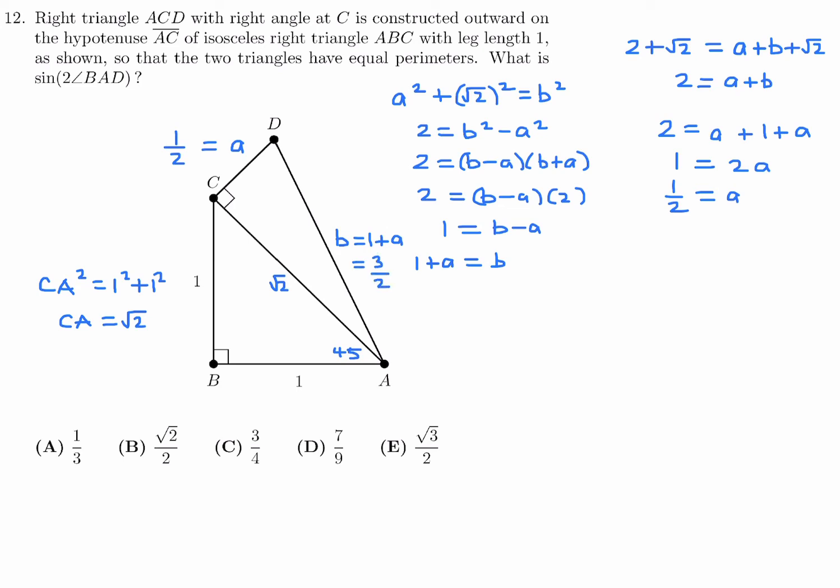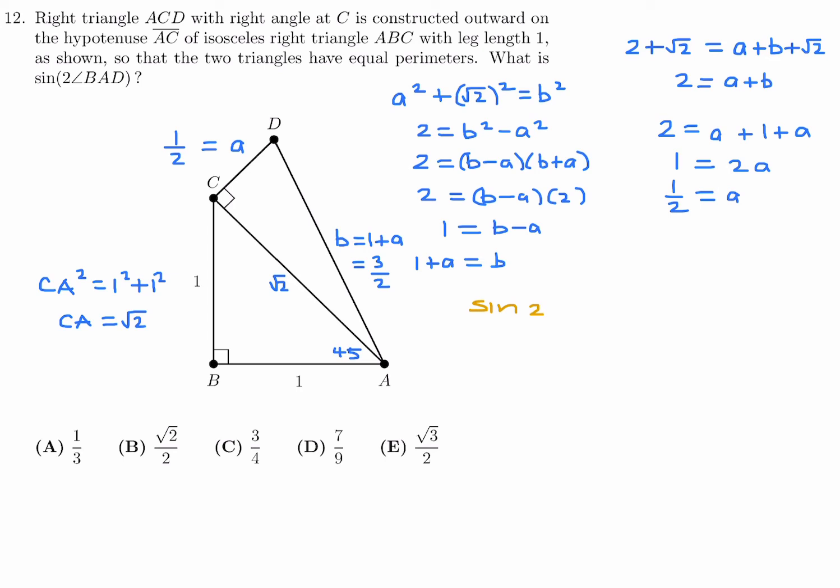Okay, so I think I'm ready now to figure out this big long expression. I'm anticipating a trigonometric identity because we've got this 2 in there. Okay, not a problem. Let's tackle this now. So we have the sine of 2 times these angles.